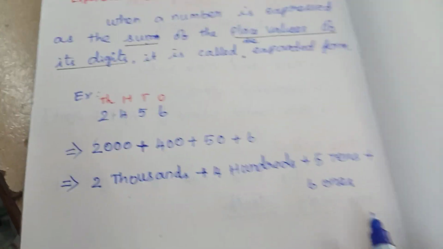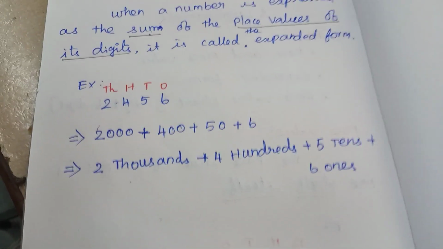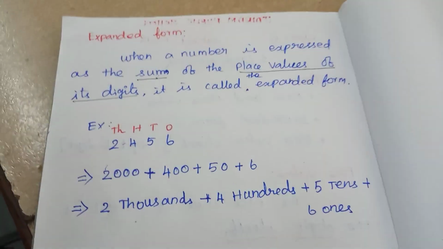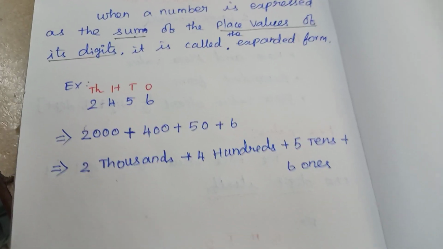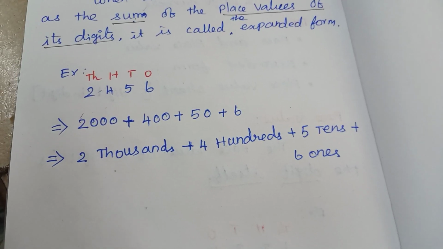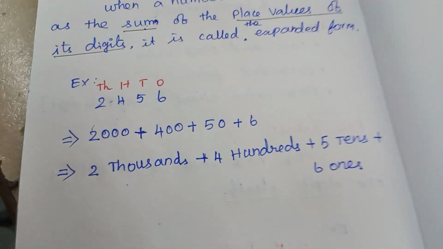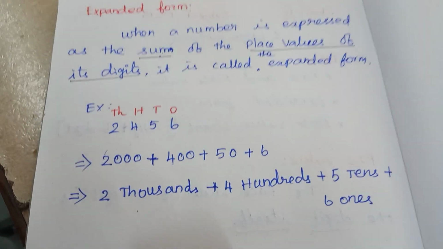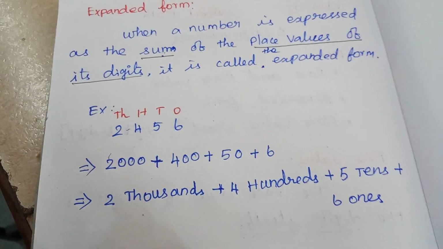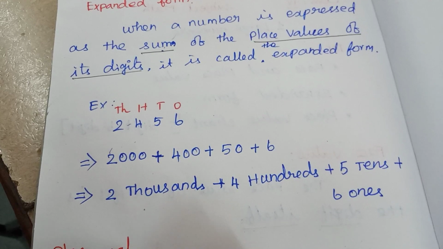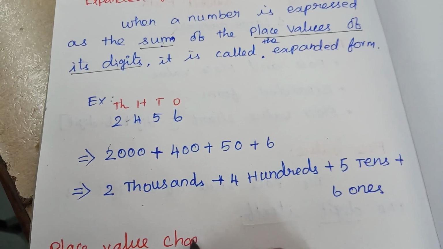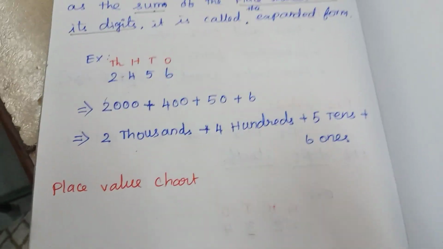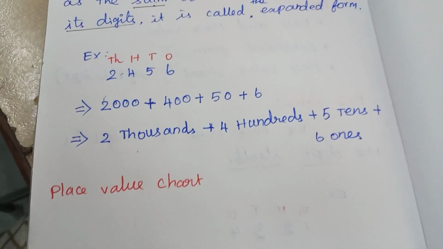Okay, so next we move to the place value chart. Place value chart for 5-digit and 6-digit numbers.